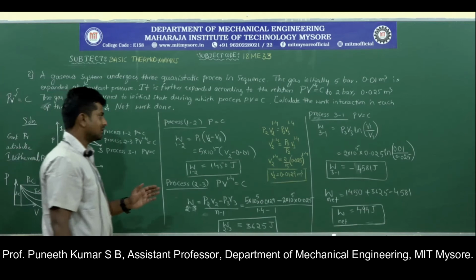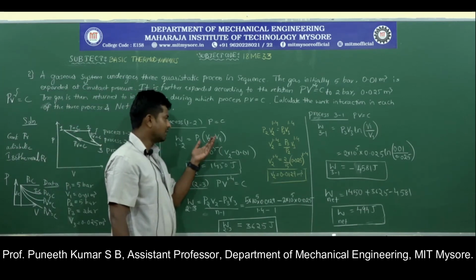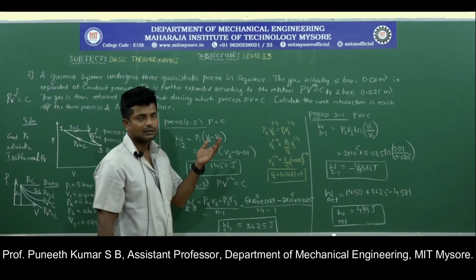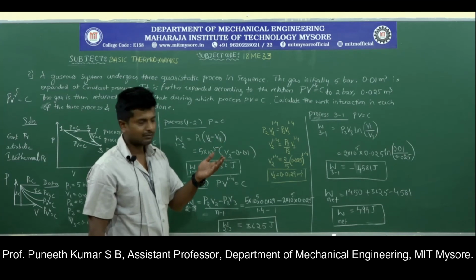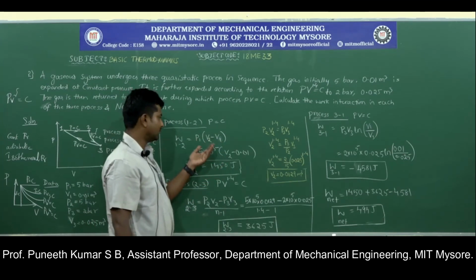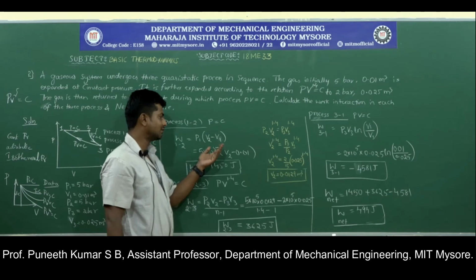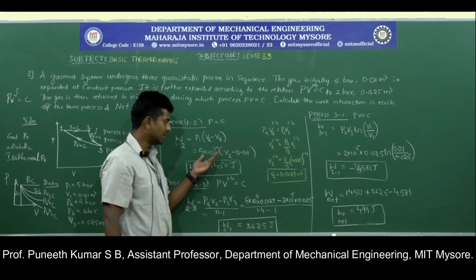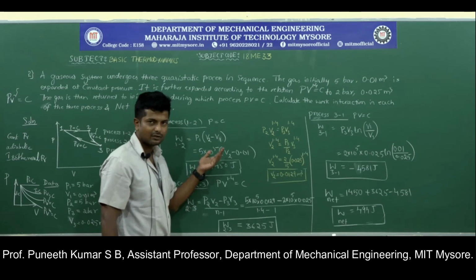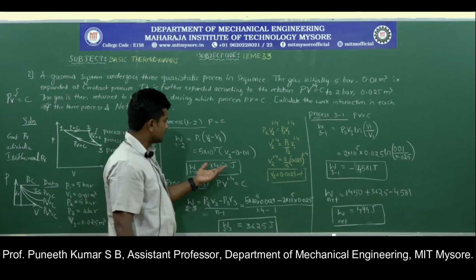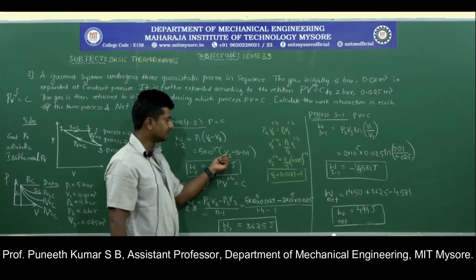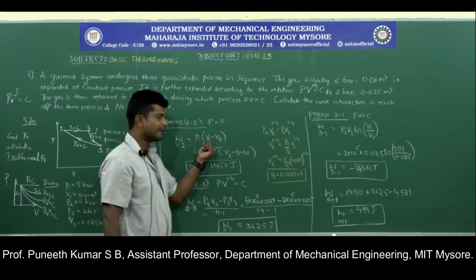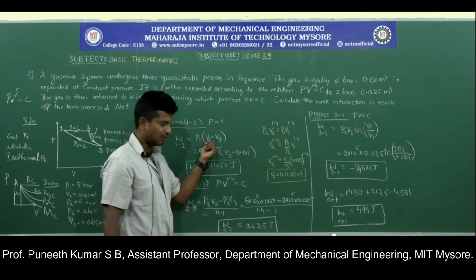We all know that 1 bar is equal to 10 to the power of 5 pascal. So here I have converted 5 bar to pascal by multiplying it by 10 to the power of 5. The unknown thing here is that we know the initial volume, we know the pressure, but we don't know the final volume.